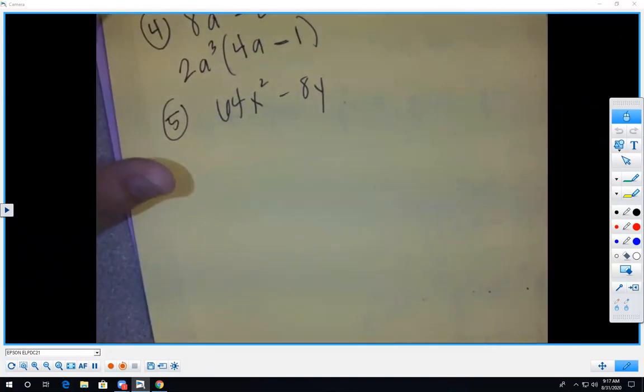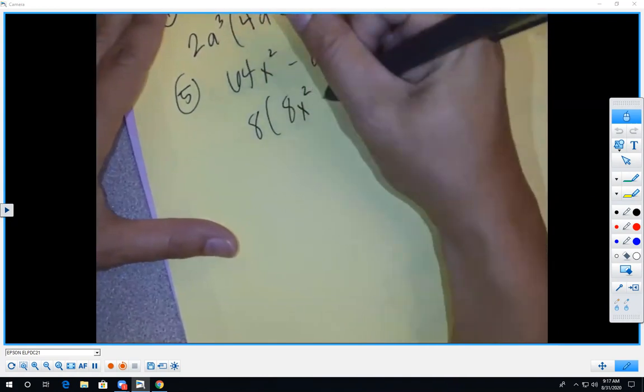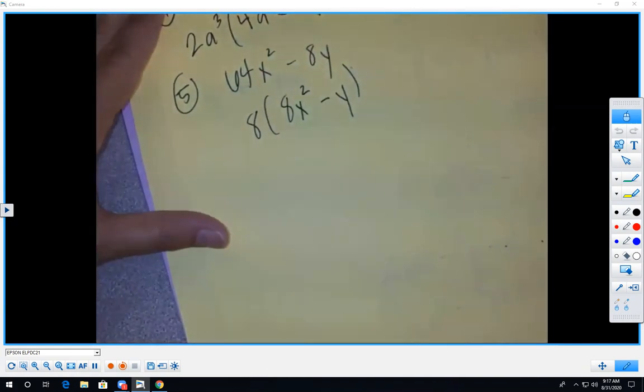Okay, what's the greatest common factor here? 8. And when I take that out, left over is 8x squared minus y.